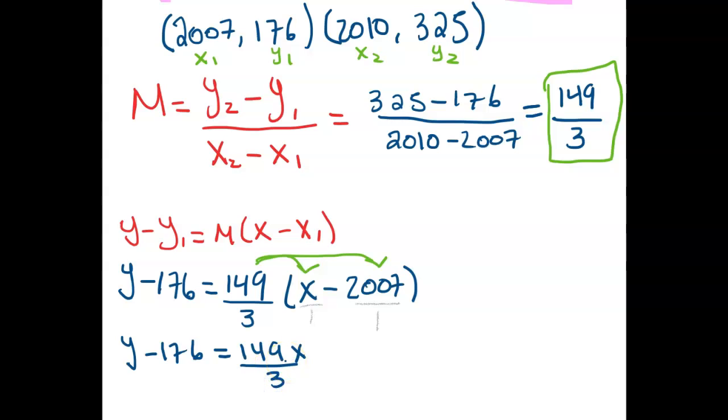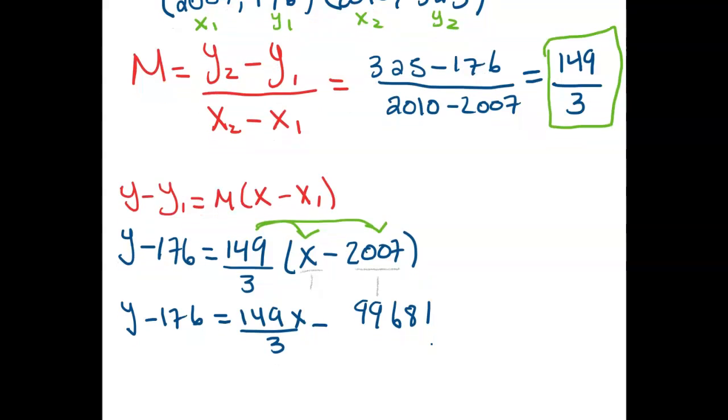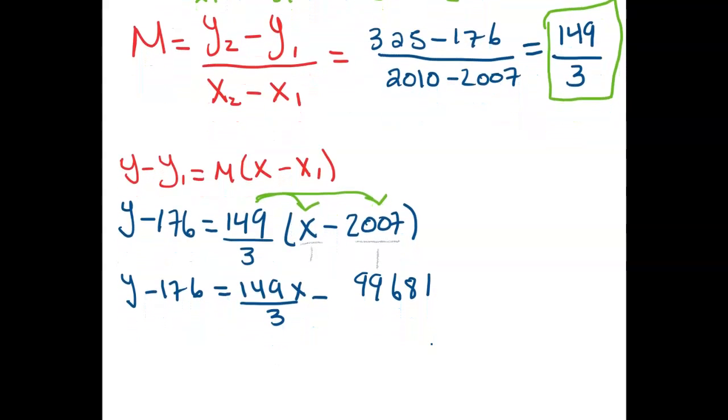And then I have 149 times negative 207, which is a very big number, negative 30843, divided by 3. Then I'm going to go ahead and add this.